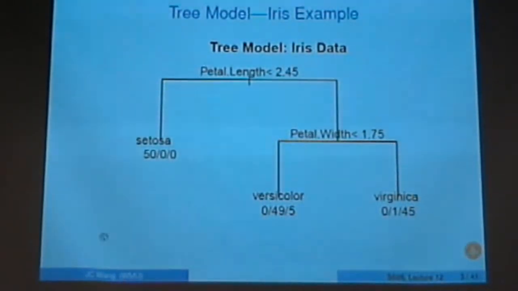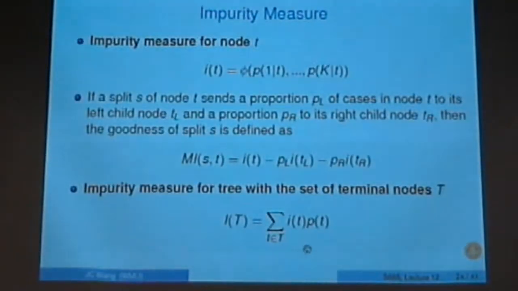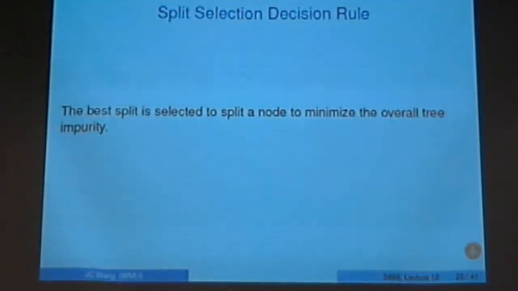You take all the terminal nodes and calculate the impurity, and the weighted average impurities of all the terminal nodes will define the impurity of the entire tree. That's how we have this impurity measure for a tree with a set of terminal nodes T. The best split is selected to split a node to minimize the overall tree impurity. That's the basic idea.